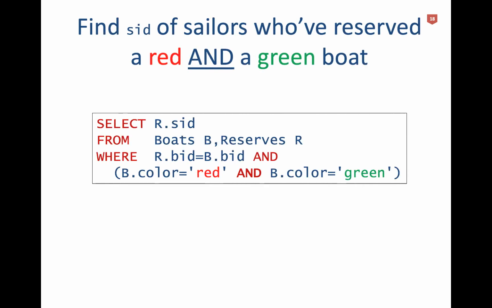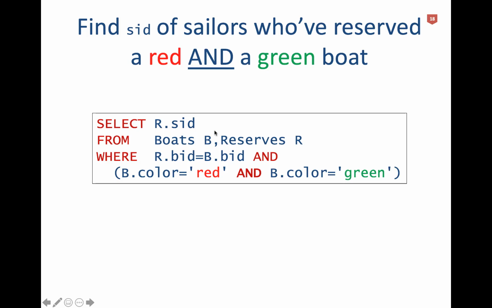Now, if you want to find the SID of sailors who have reserved a red and a green boat, so a red and a green boat. So I want to get r.sid. So that's the sailor's ID, okay, again from relations reserves and boats, because I want to look at the specification of the boat, which is red. So I'm saying here b.color equal red and b.color equal green.